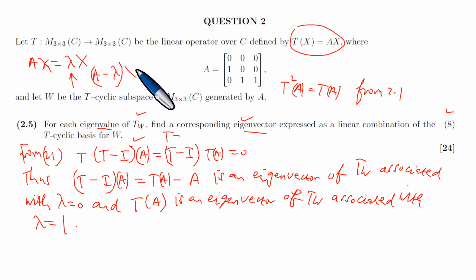So we always transpose this, because AX equals lambda X is always AX minus lambda X. So you can factor out the X. So you have A minus lambda. The lambda equals 1.